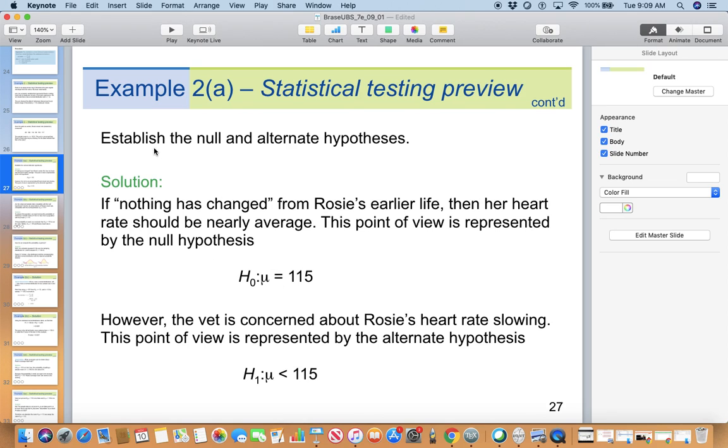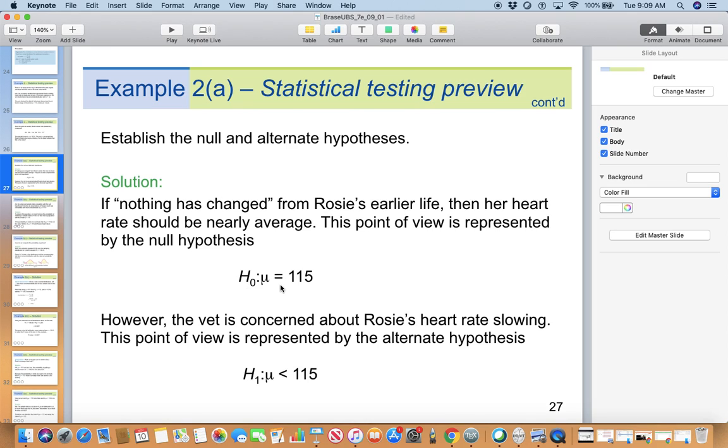Solution. So first we want to establish the null and alternate hypothesis. If nothing has changed from Rosie's earlier life, then her heart rate should be nearly average. This point of view is represented by the null hypothesis. H0 is mu equal 115. Remember, H0 should have an equality.